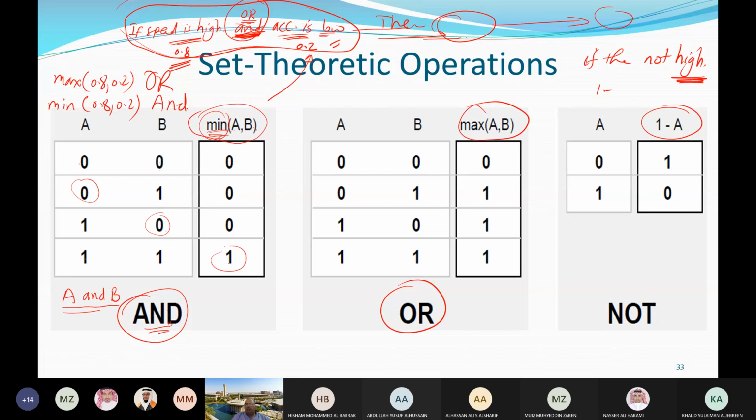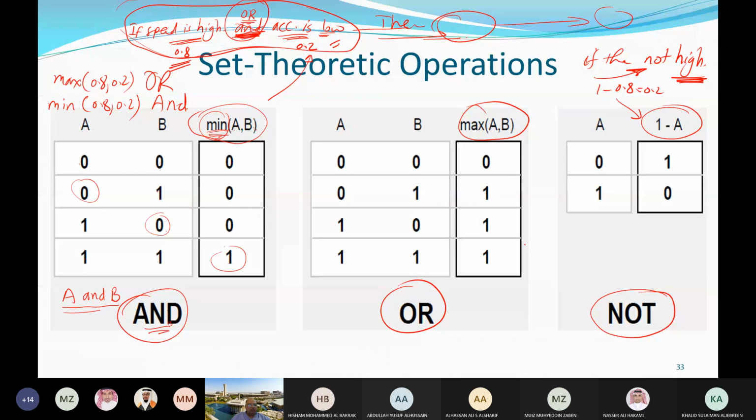Not high is 1 minus. If it is high, for example here 0.8, then 1 minus 0.8 will be 0.2. So this part will be 0.2 if the speed is not high. I mean, this is 1 minus the membership value that we have here. So this is the NOT operator, which is 1 minus A.